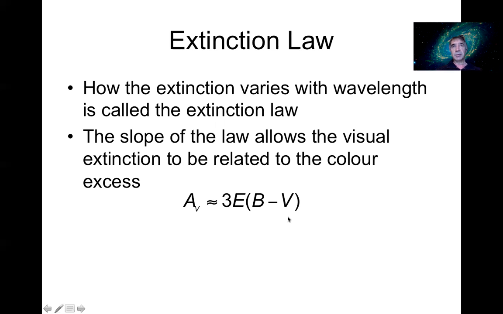And that's because the dust out there in the interstellar medium is fairly sort of uniform in its composition and size distribution, etc. So no matter where in the galaxy you look, which line of sight, the extinction law is fairly similar everywhere, at least certainly in our galaxy, to a reasonable approximation. And this is an approximation here. But this allows us to use this relationship, and it's, as we shall see, actually quite handy.